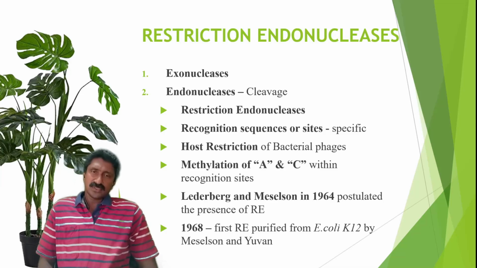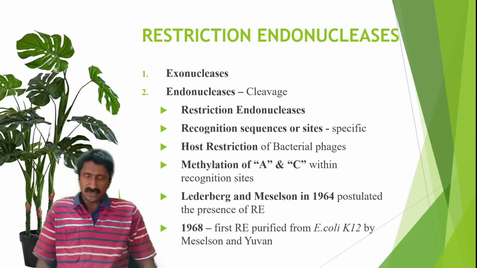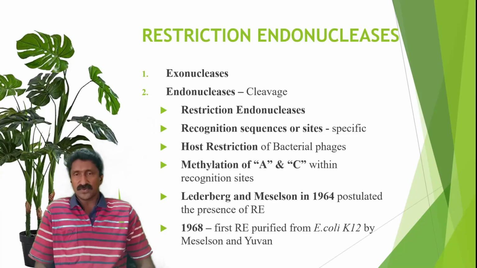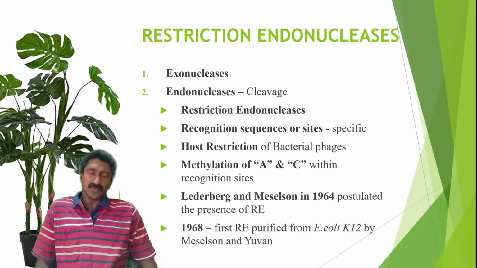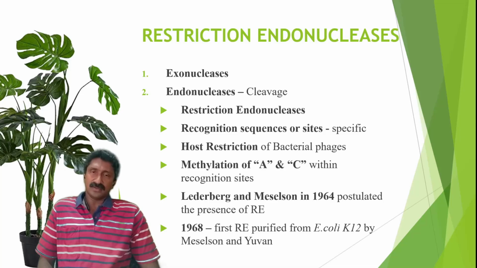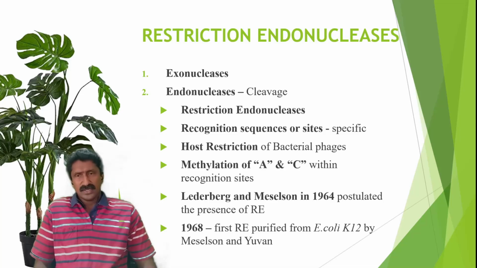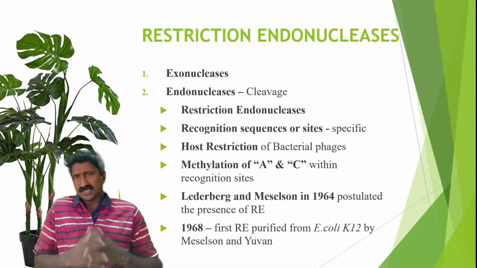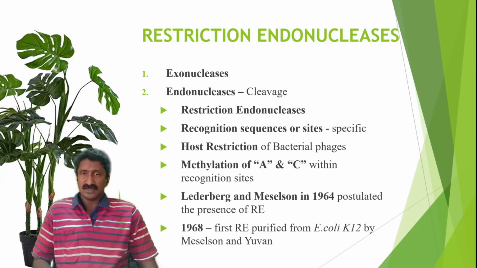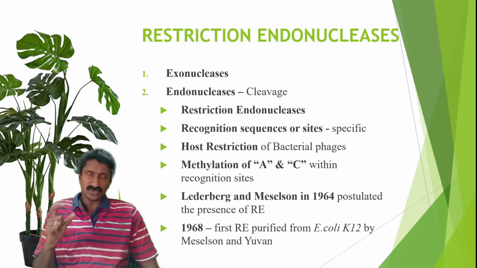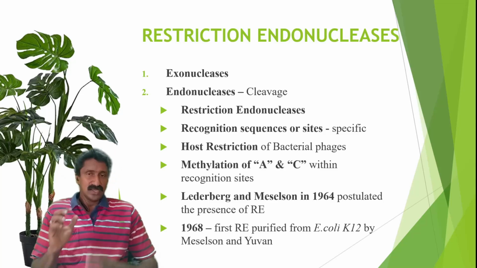Now the next topic is restriction endonucleases, which are the major tools used by genetic engineers for splicing or cleaving DNA. When we discuss restriction endonucleases, we have to understand two different types of nucleases, the exonuclease and the endonuclease.